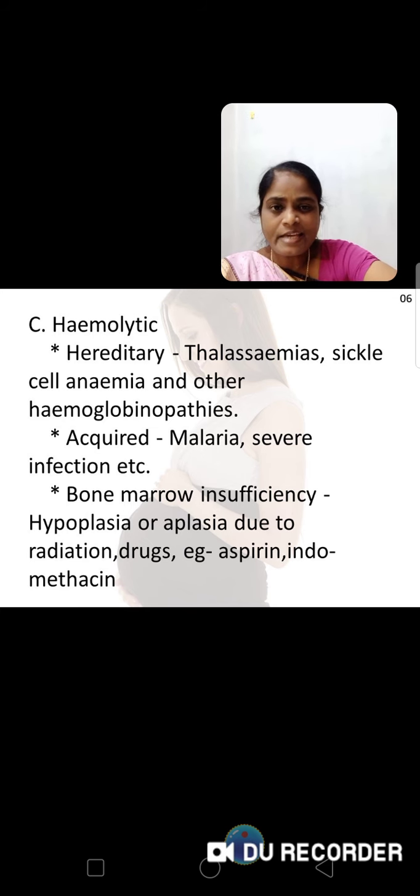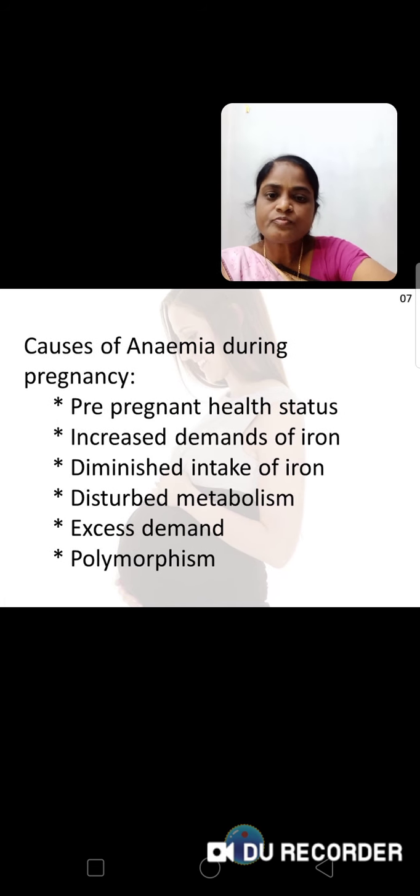Here, like cancer, there is abnormal development of abnormal RBC cells. So if the bone marrow itself gets some problems due to radiation exposure or drugs like aspirin, a history of drug intake, it may lead to pathological anemia in pregnancy.